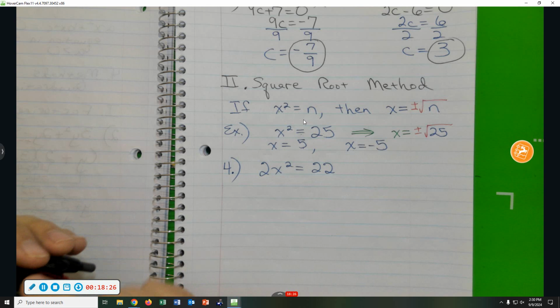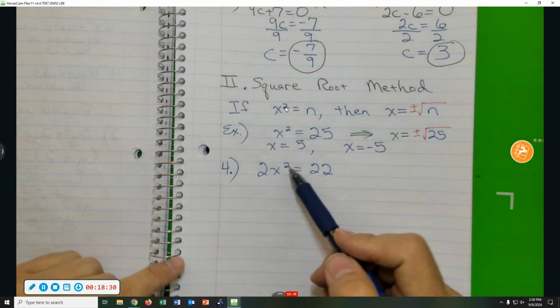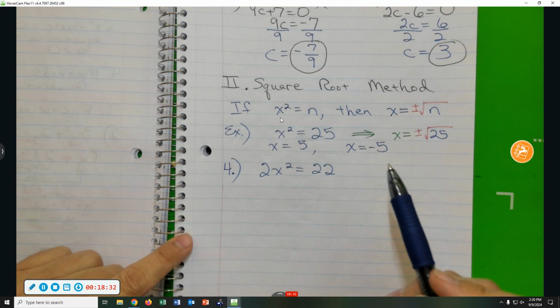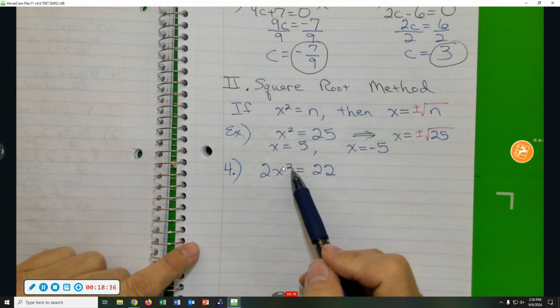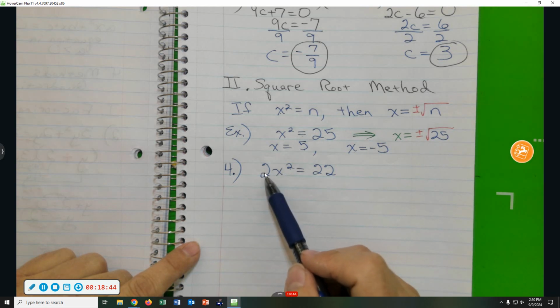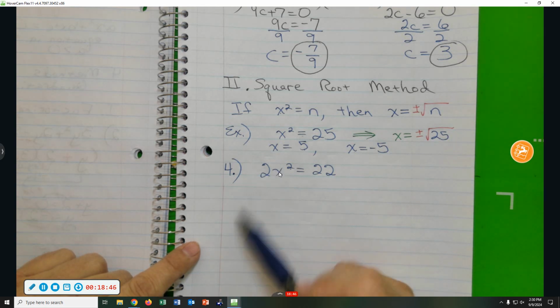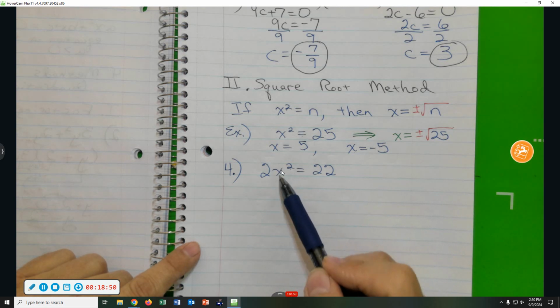To use the square root method, you need something being squared by itself on one side, and you need a number on the other side. Well, what's being squared right there? That little square, what's it being applied to? Is it being applied to the 2? Then we really have a 4. What's being squared? Only the x.